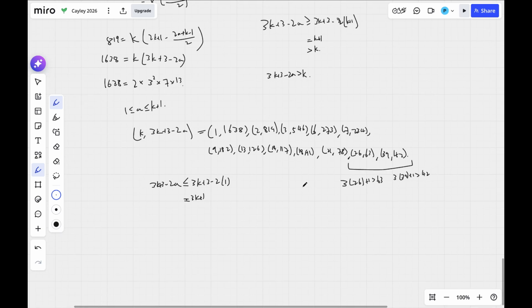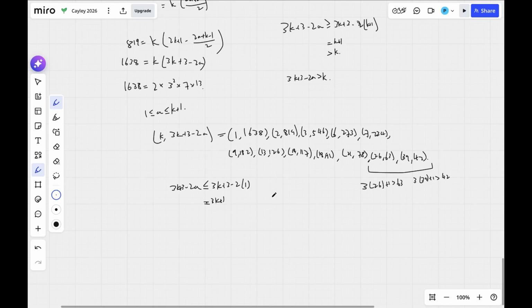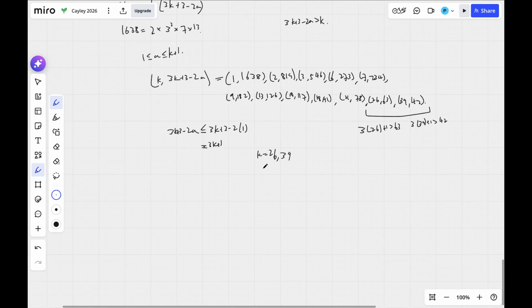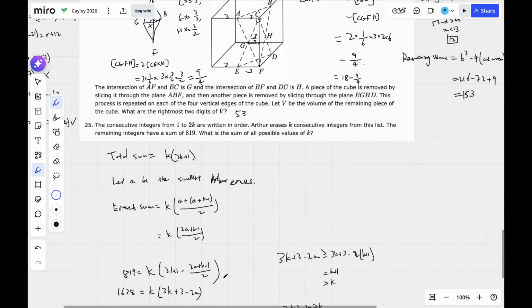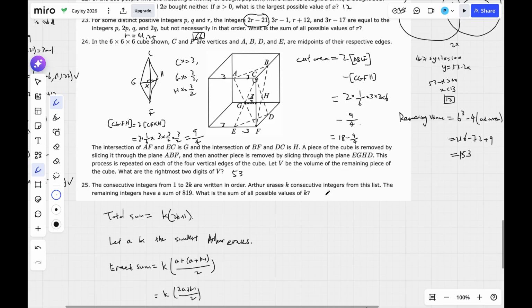Out of these pairs, the only ones that satisfy this are these, since 3 times 26 plus 1 is greater than 63, and 3 times 39 plus 1 is greater than 42. So now using this other bound, we only have 2 pairs left. So all that's left is to check these.